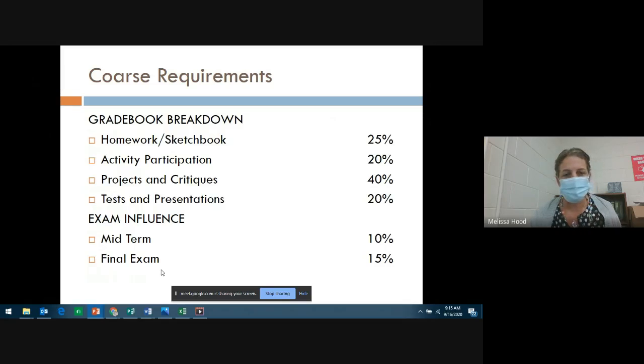Sometimes I give an assignment that doesn't really warrant a larger grade, especially if it's something that we're just working on together. And then the homework and sketchbook assignment is a pretty heavy grade, and that's because that's the work that they're doing daily when I'm asking them to practice something for their project or look up an artist. So they should have their sketchbooks with them at home and in class. That's the only thing that I'm really asking that goes back and forth.